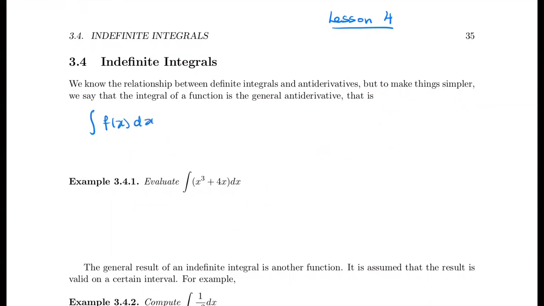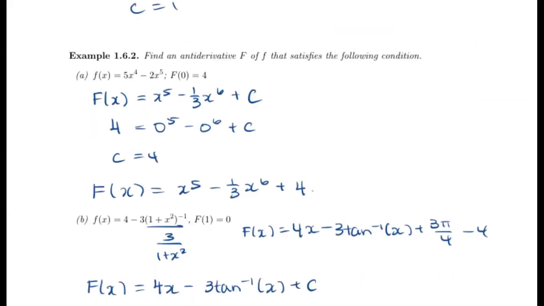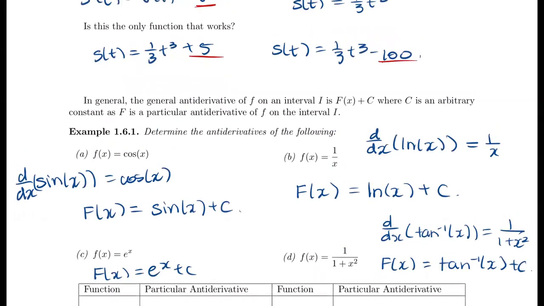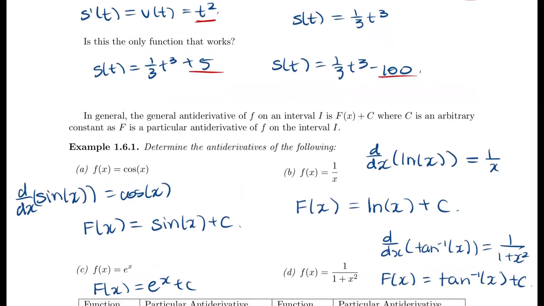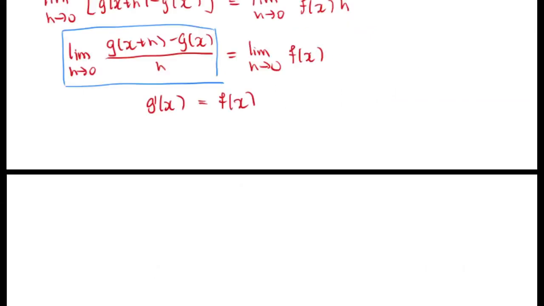So what does that mean? Well, the general antiderivative, if you remember from lesson one, we actually had a look at that. So the general antiderivative is going to be this F of x plus c. So that's what we want to put down here in this section.